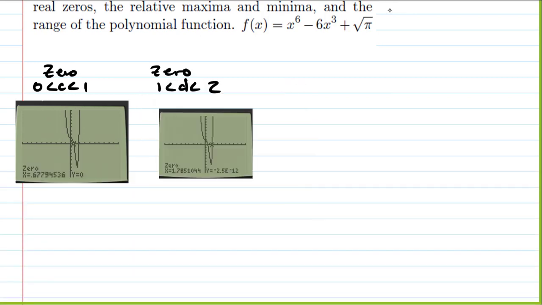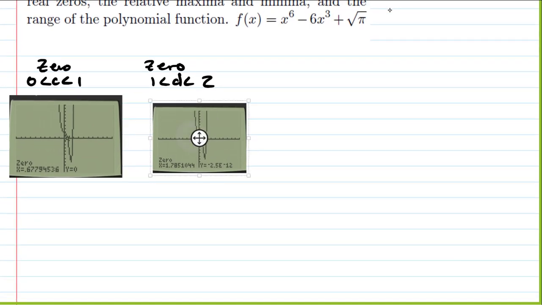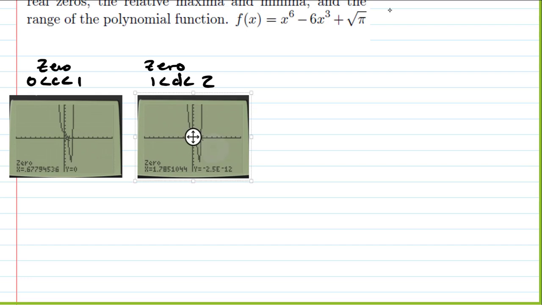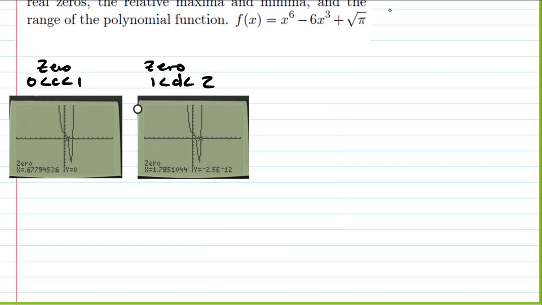So my 0 in between 1 and 2 is about 1.785, blah, blah, blah, right? So to as many decimal points of accuracy as we need.